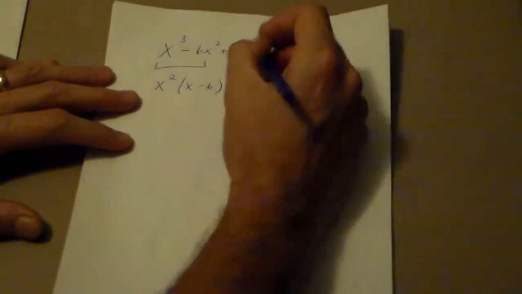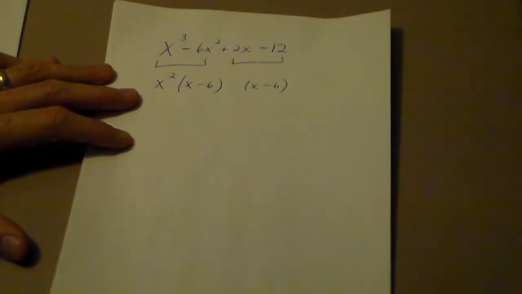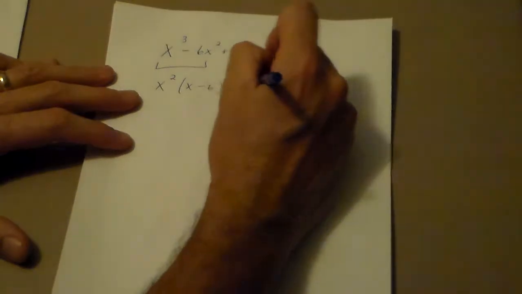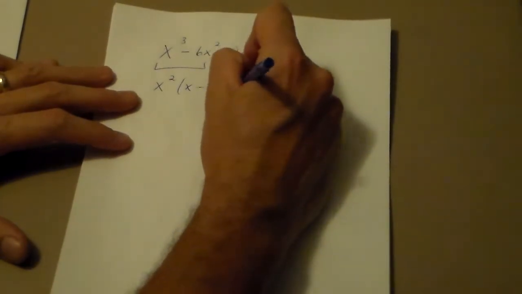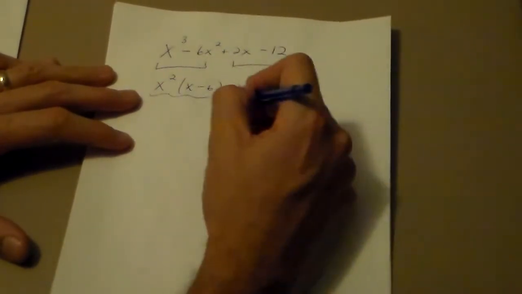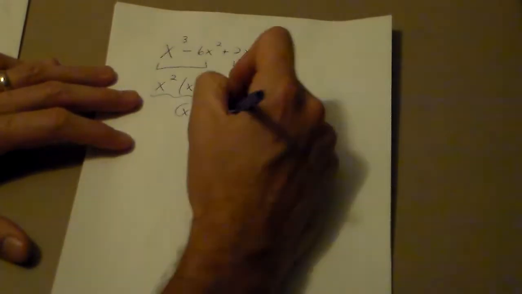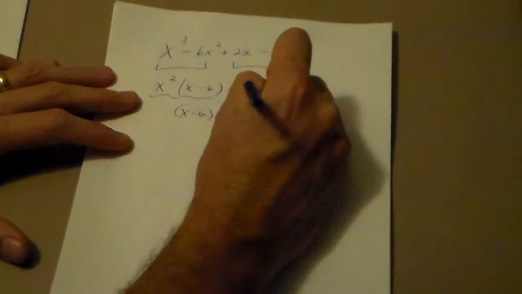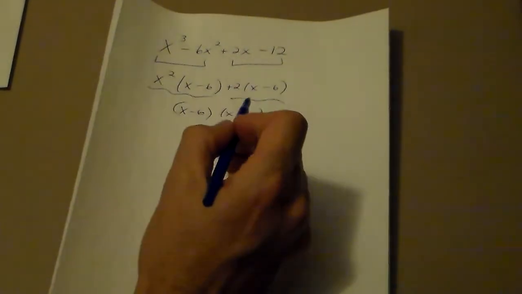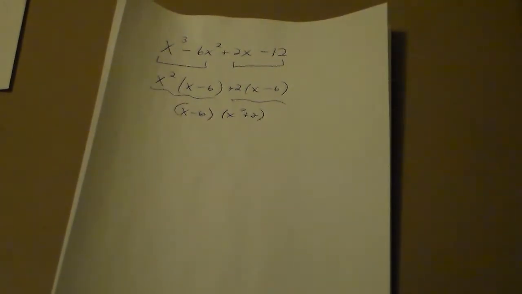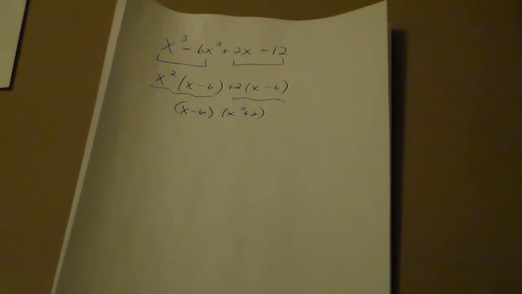For these two, we want that to say x minus 6. What do you take out for a GCF? You take out a positive 2. So the GCF is x minus 6. What are you left with? X squared plus 2. Now that you can't factor. That, ladies and gentlemen, is prime.